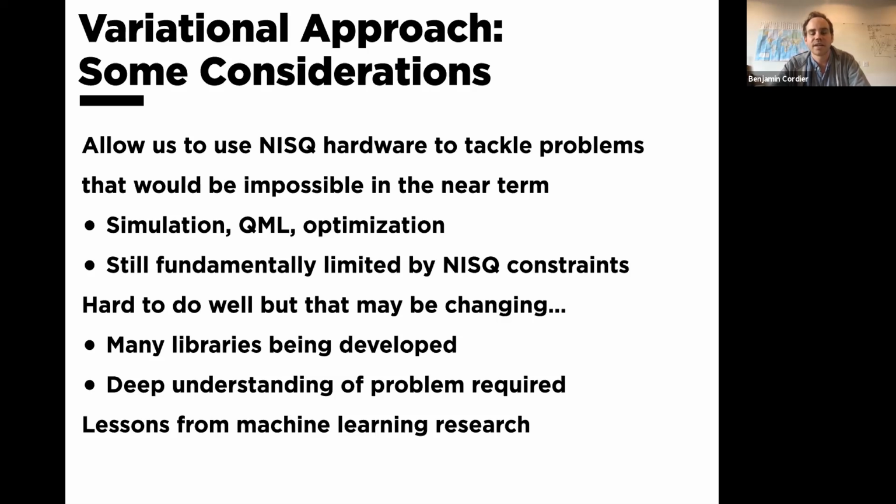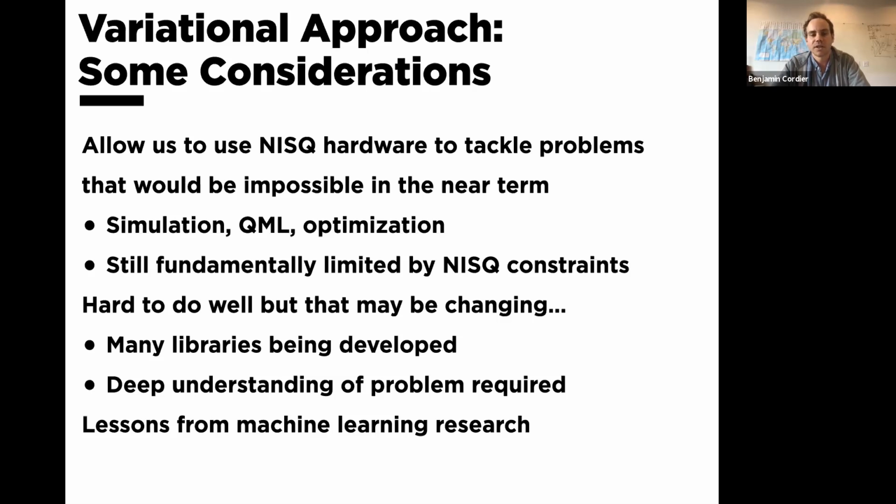The other thing is that doing a variational approach is still a relatively non-trivial thing to do. There are a lot of libraries that have been developed and are under development, especially Python libraries. But even if you want to roll your own variational approach, you do need to have a deep understanding of the problem you're trying to solve with one.